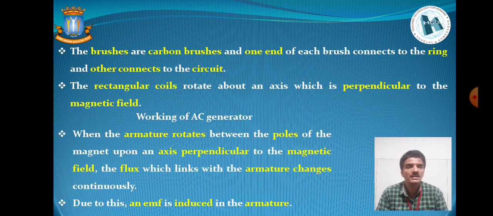So the magnetic field which is generated will now be linked to the rectangular armature, and the magnetic field energy will switch over to mechanical energy. Due to this conversion, we now have the induced electromotive force in the armature side. So this way the first step of working of the AC generator is now clear.